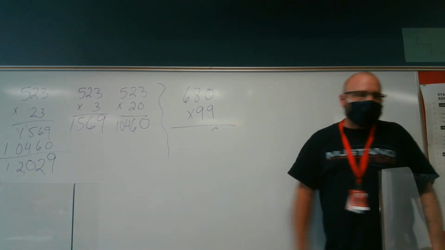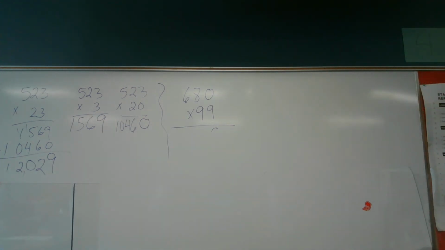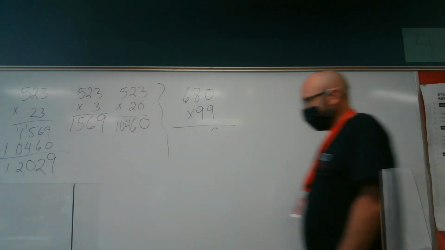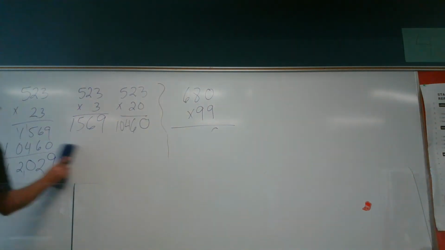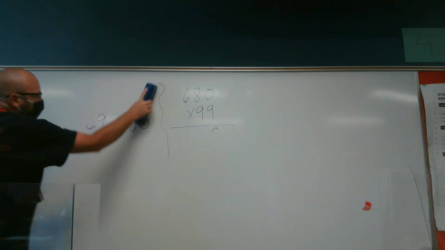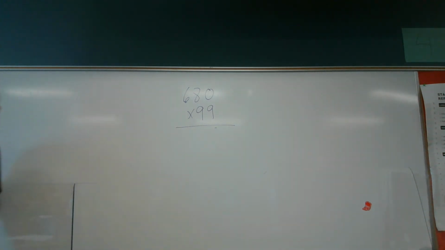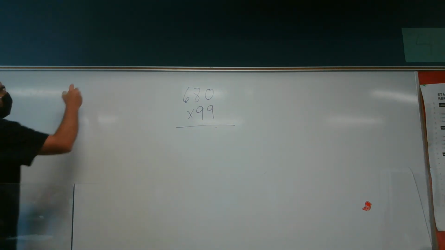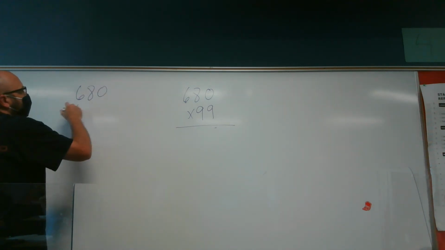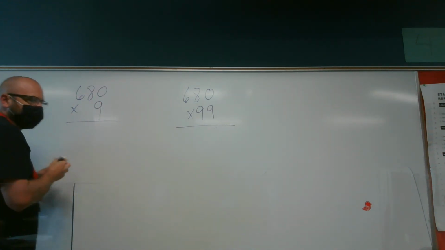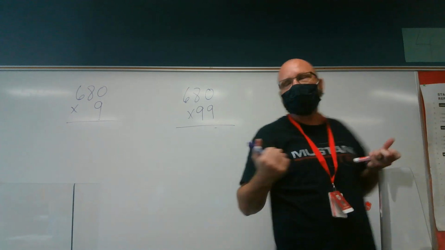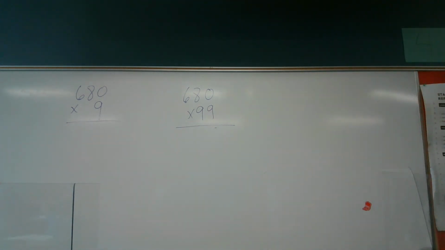Now all you have to do is be able to multiply by 9. You know your multiples of 9, or you can read a multiplication chart. And you really only have to do it once. So if I did 680 times 9, I don't need to do 680 times 90.